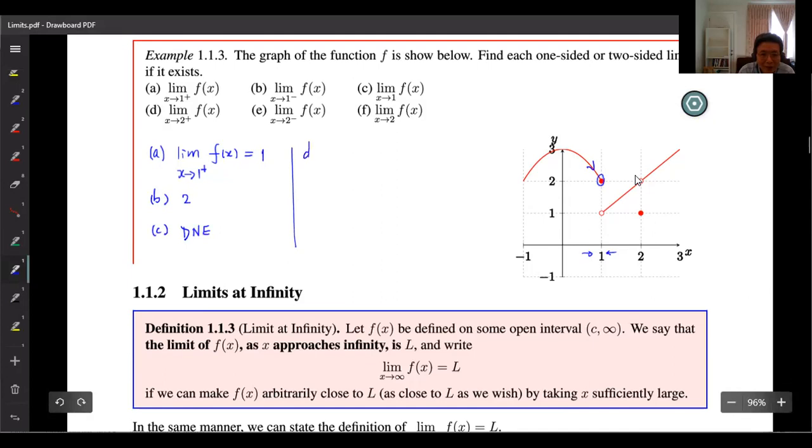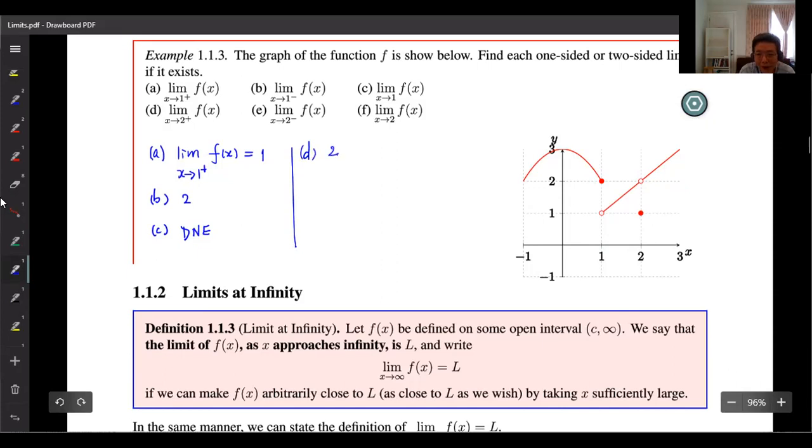Let's say D: the right-side limit as x approaches 2. Looks like the point approaches this point, so it's 2. Is it okay?